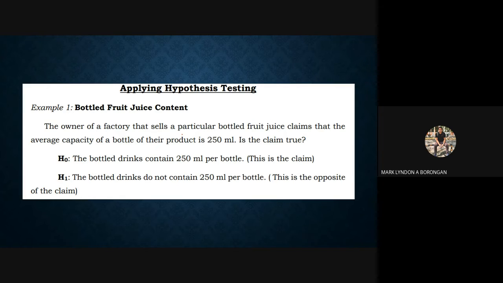Okay, as claimed. And for our alternative hypothesis, the bottled drinks do not contain 250 ml per bottle. So this is like disproving nga 250 ml ba jud ang sulod anang botelyaha. Okay? So it's either we prove the statement wrong or correct. So this is the opposite of the claim, which is ang atuang alternate hypothesis.